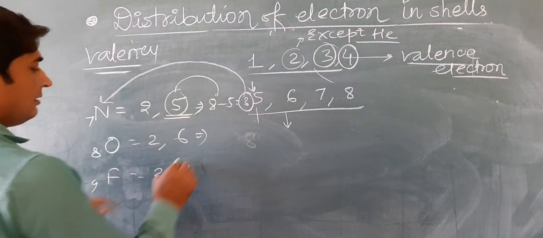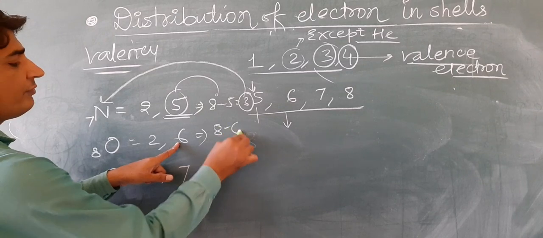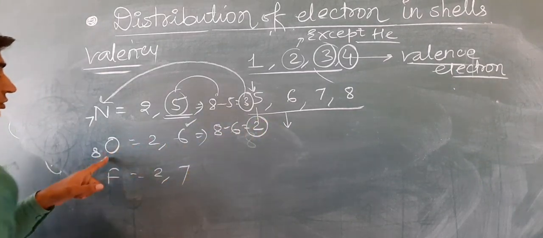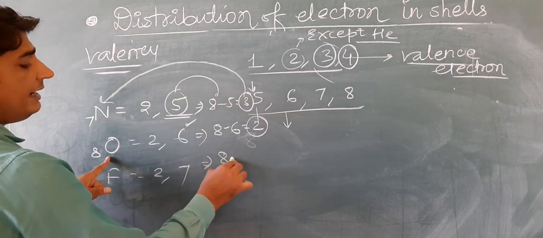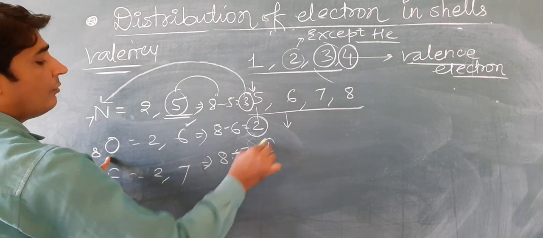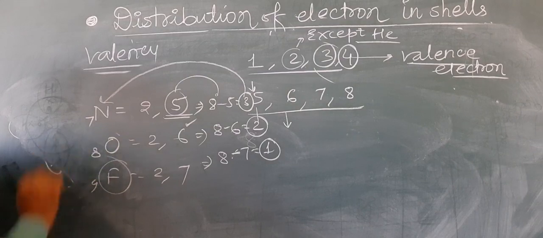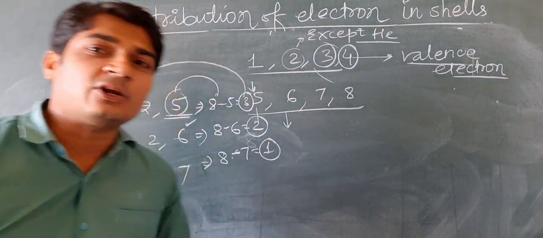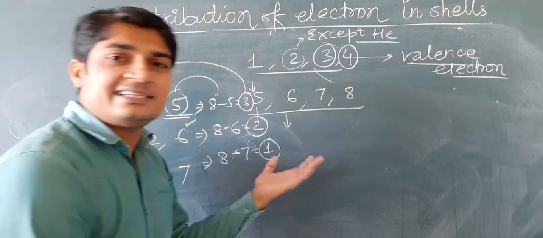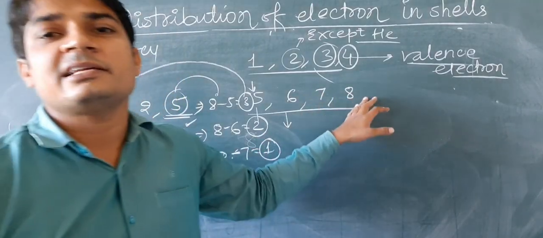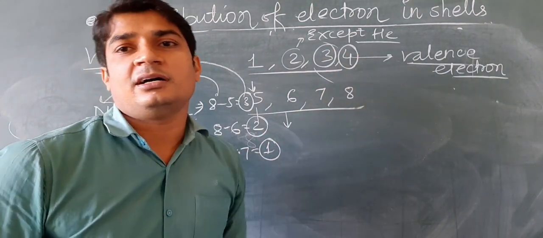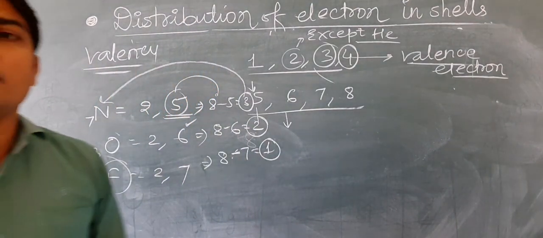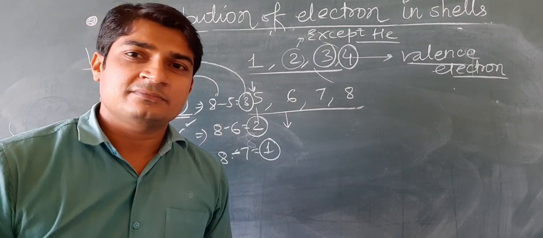How can we find the valency of oxygen? By subtracting the outermost electrons from 8. 2 is the valency of oxygen. 8 minus 7, 1 is the valency of fluorine. If there are 8 electrons, 8 minus 8 is 0 valency. These are the noble gases which do not react with other atoms. So in this way, the valencies can be found easily.